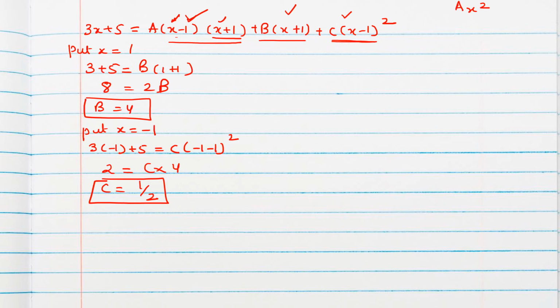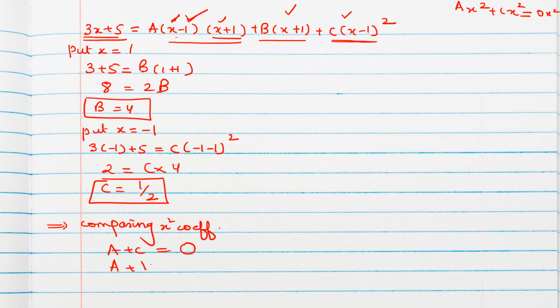Here we'll get one x square term with the coefficient c. And on the left the x square term is not there, so the x square coefficient will be 0. After comparing the x square coefficient we can write a plus c is 0. The c we already got, which is half, so a will be minus half. So we got three values a, b and c here.